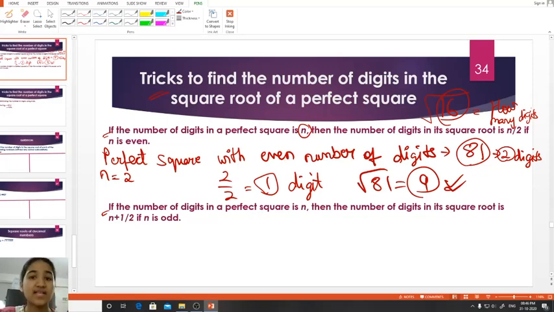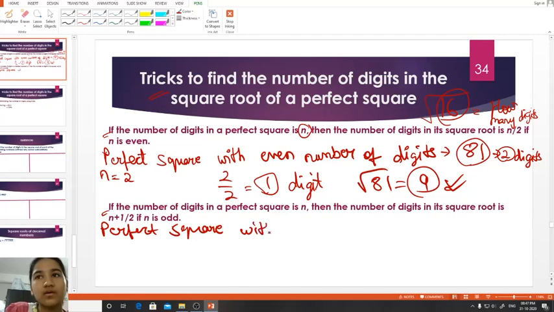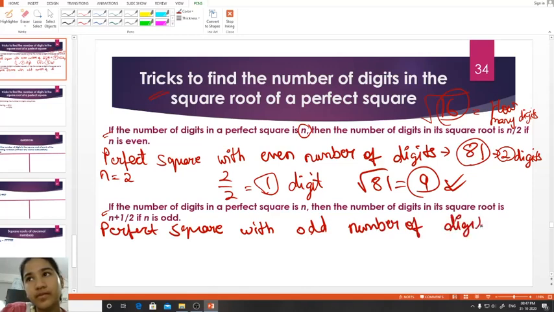The second thing says, if the number of digits in a perfect square is n, the number of digits in the square root is n plus 1 by 2 if n is odd. That means if a perfect square has an odd number of digits, so we'll take 324.